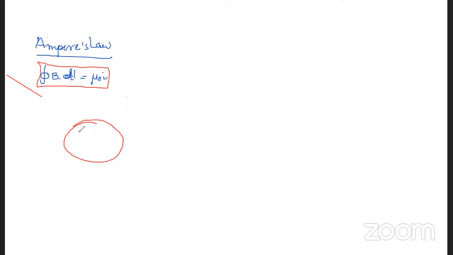So here we take a conductor which is perpendicular to the page, directed outwards, and it is carrying a current I. This is the current carrying conductor.